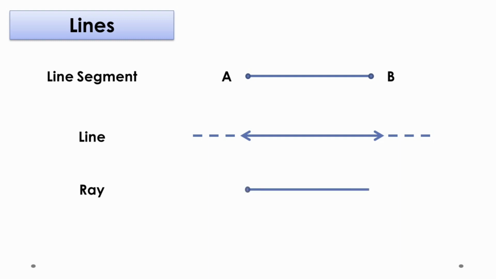In case of a ray, one point is fixed and the other point can be extended. The best example of a ray is the light coming out from sun. The point of origin, which is sun, is fixed and its rays get extended to reach us on Earth and elsewhere in the solar system.